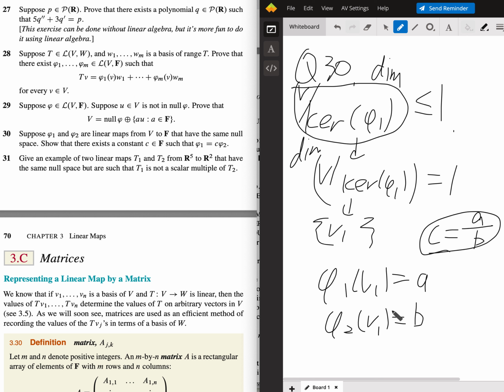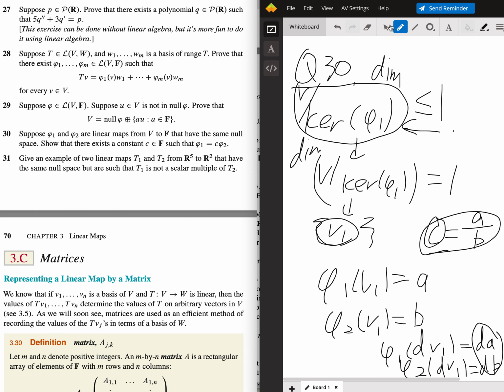The reason is that every element in this space must be some multiple of b1, and any multiple of this will give something like this, and then the ratio of those two is just c, so it does work like that.